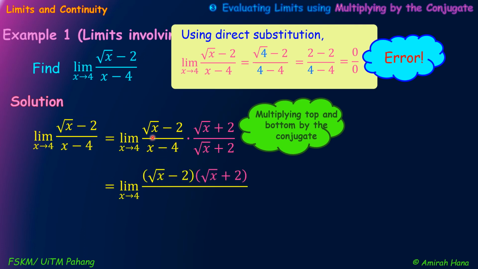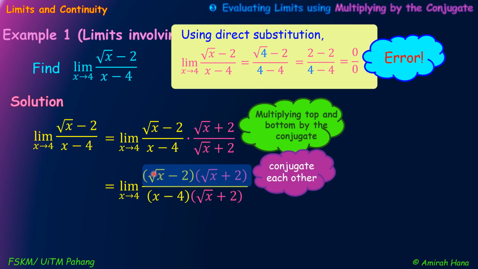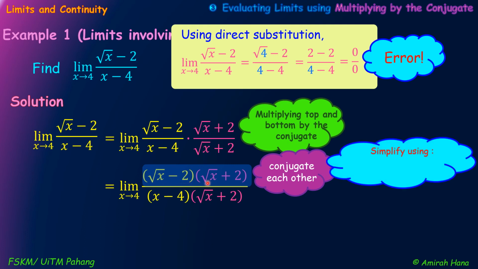From here, we multiply fraction by fraction. So we multiply numerator by numerator and denominator by denominator, and we get this. In the numerator, you can see these are conjugates of each other. So in this case, we can simplify using (a + b)(a − b) = a² − b².